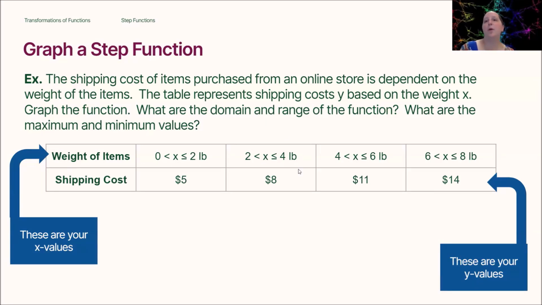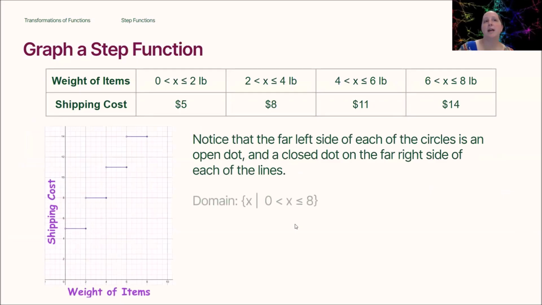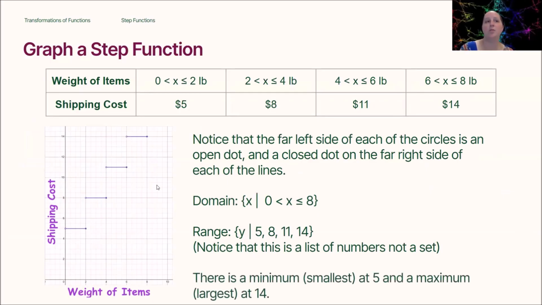And then you've got 2 to 4 pounds, 4 to 6, and 6 to 8. The top are my X values, that's my domain. The bottom are my Y values, my range. Using that table, I can then graph my function. Notice that the far left side of each of the circles is an open dot and a closed dot on the far right side of the circle.